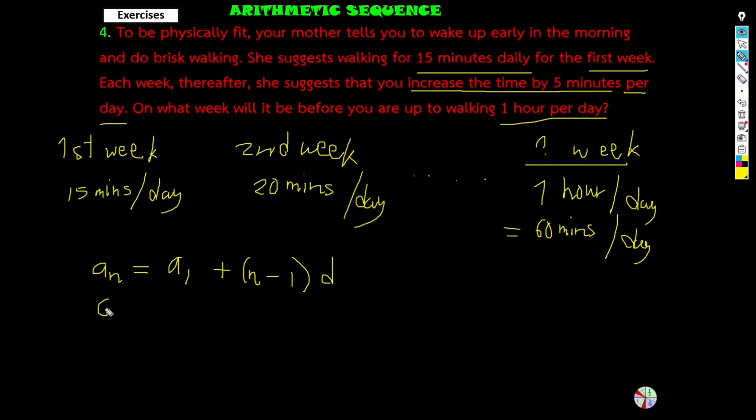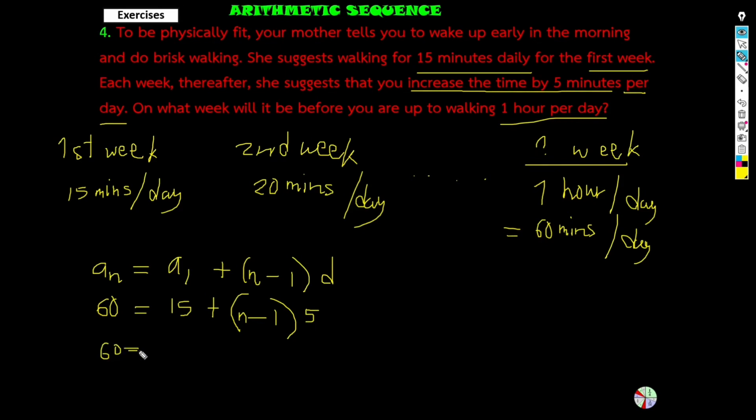That will be 60, which equals a sub 1, which is 15 minutes, plus n minus 1, which is multiplied by the difference. You see the difference here, 15 to 20, that's 5 minutes increase. So that's 5.